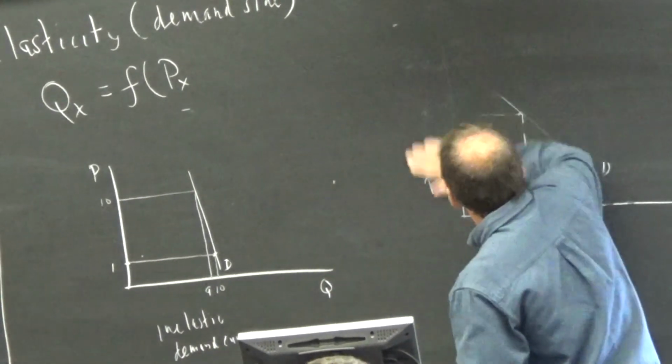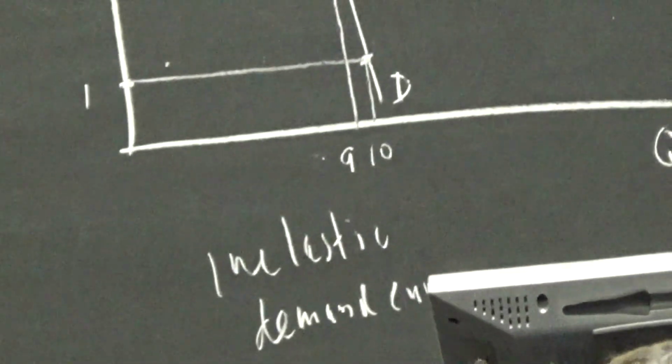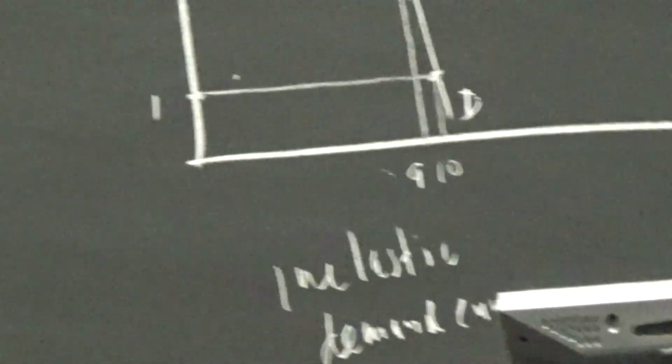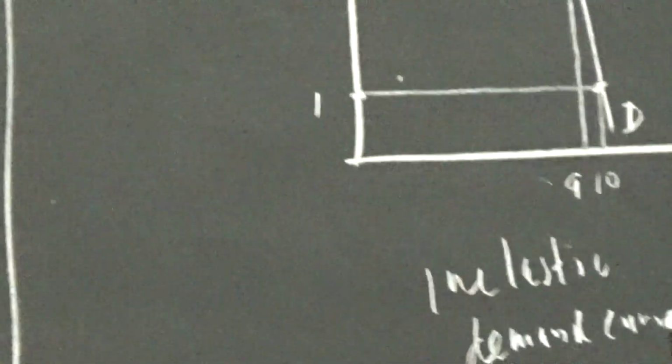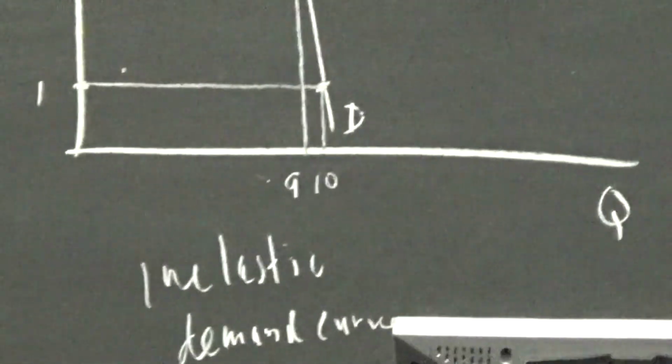And then this one here, what if we had a demand curve that looked more like that? And prices are here, and quantities are here.